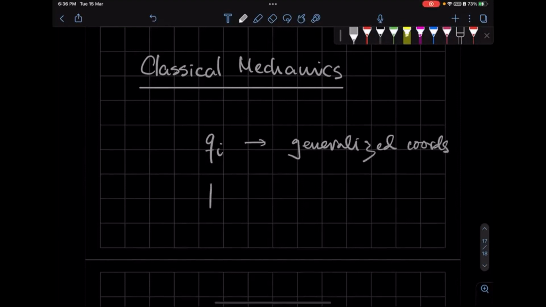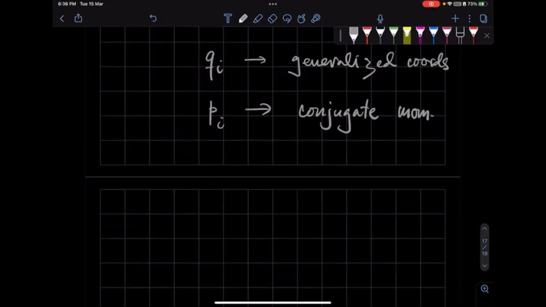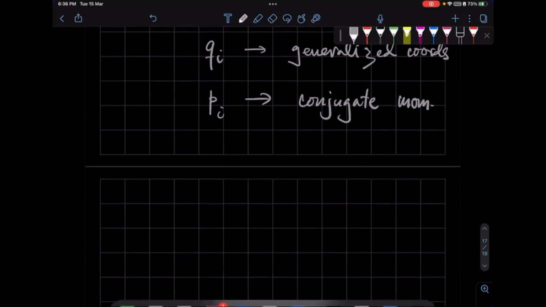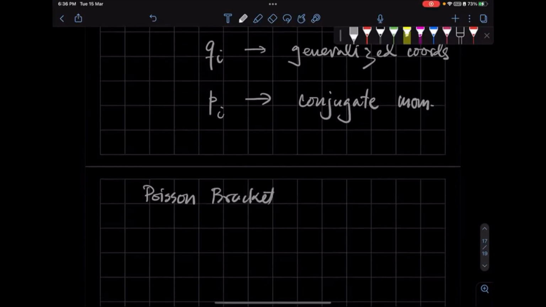And they have certain conjugate momenta defined, called canonically conjugate momenta. And they satisfy what is known as a Poisson bracket. So the Poisson bracket between the q's and the p's is this, right?